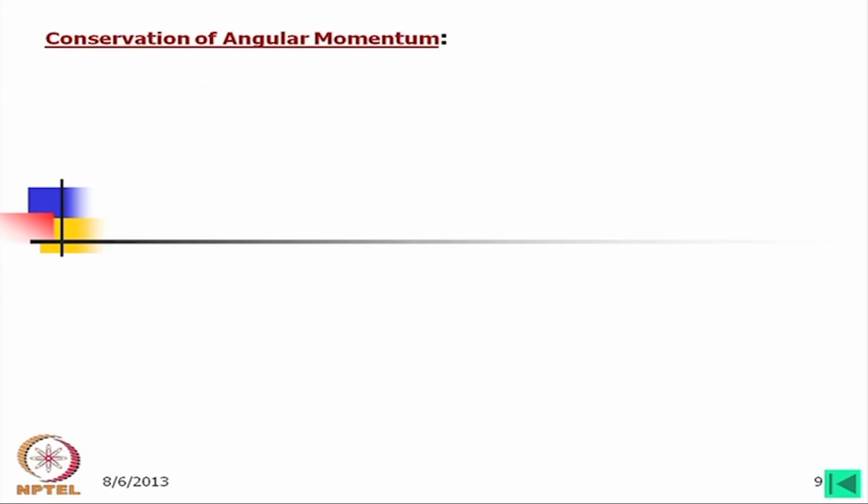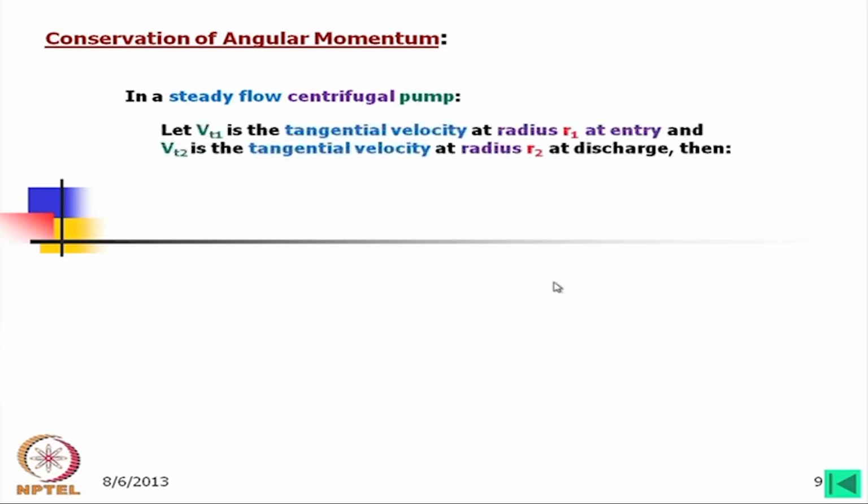Conservation of angular momentum. In a steady flow centrifugal pump, let VT1 be the tangential velocity at radius r1 at entry. If you think of the centrifugal pump, then you will find that entry is towards the center and outlet is towards the outer periphery.